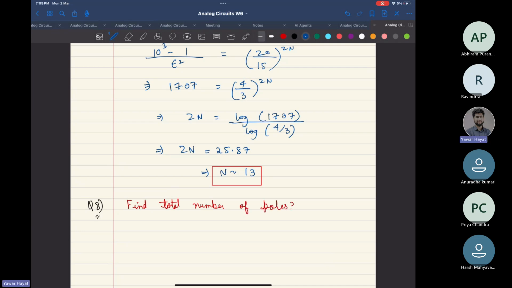It would be 2 times this, right? So it would be around 26. It would be 26.